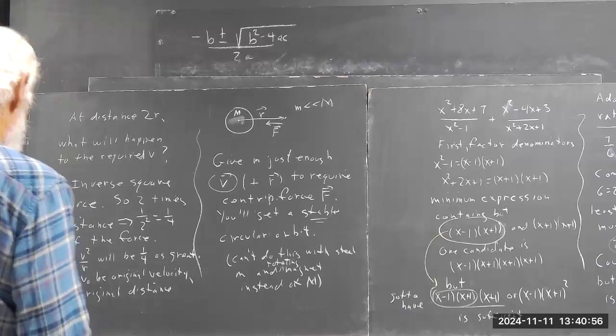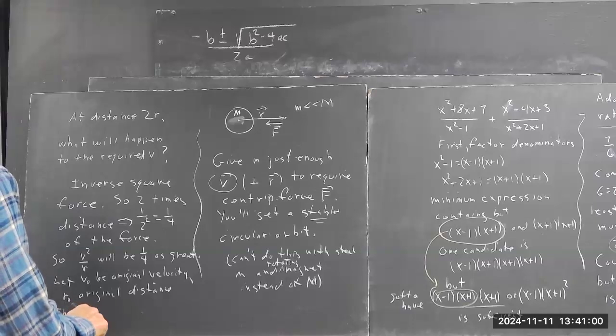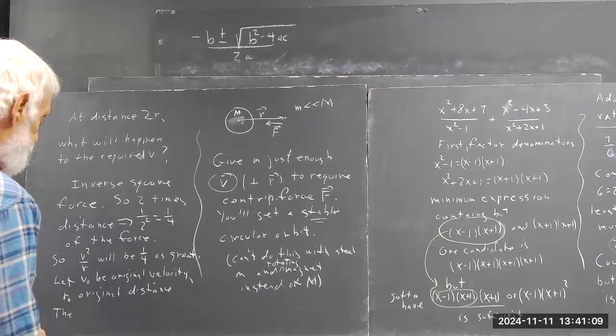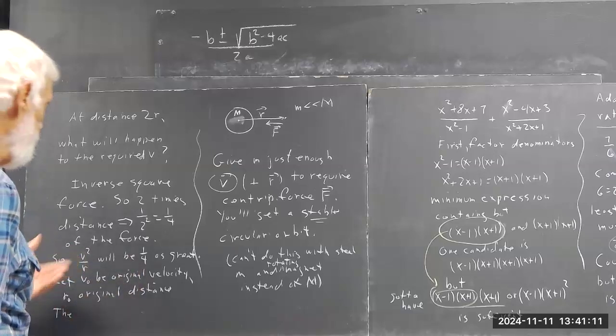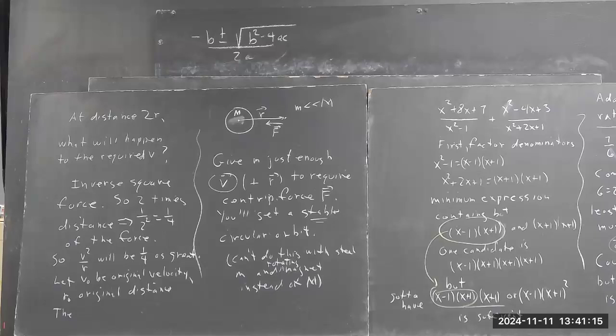Then implicitly v1 and r1 are going to be the velocity and distance.